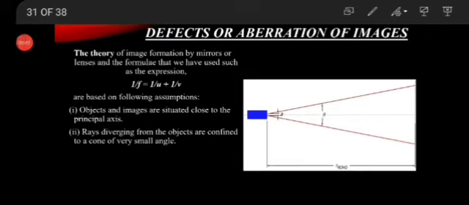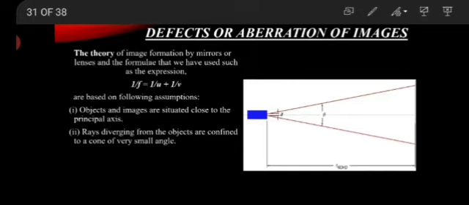Now here divergence means, in the image shown here, a beam coming from the left side is getting diverged at an angle theta. Here this theta is the angle of divergence.